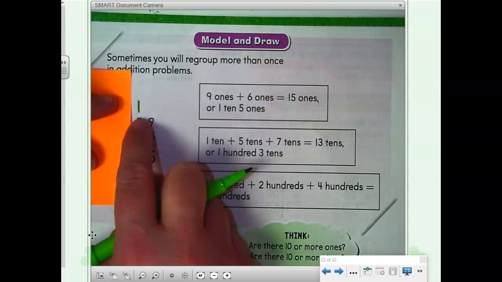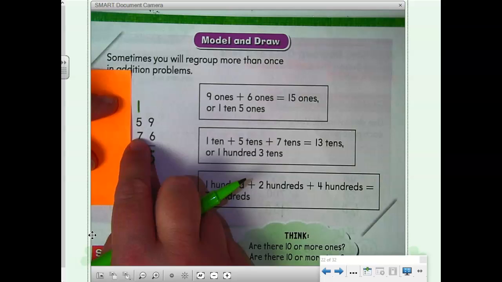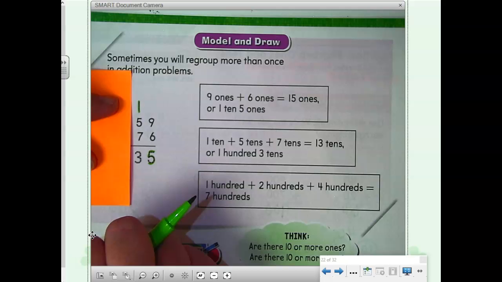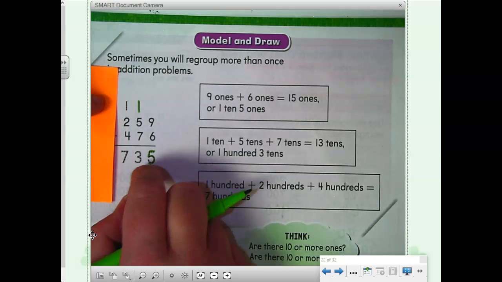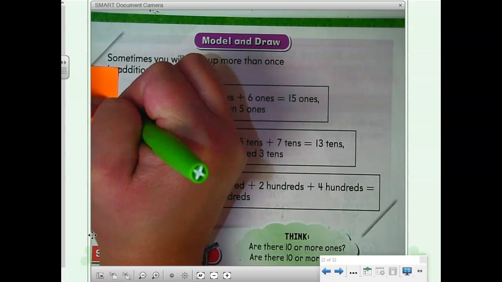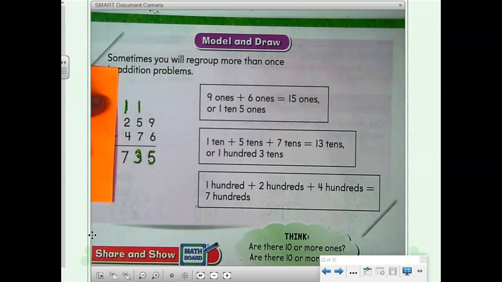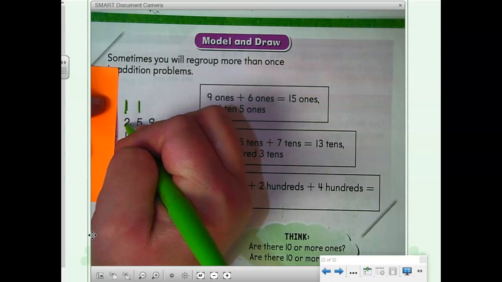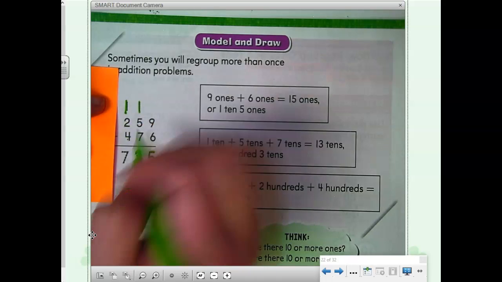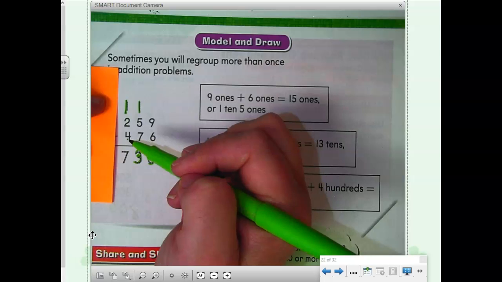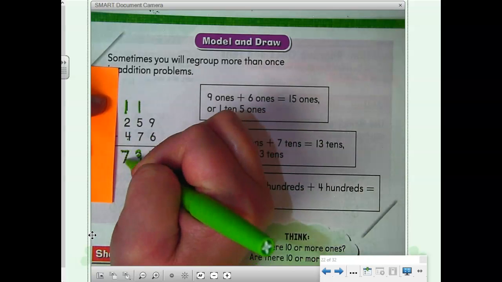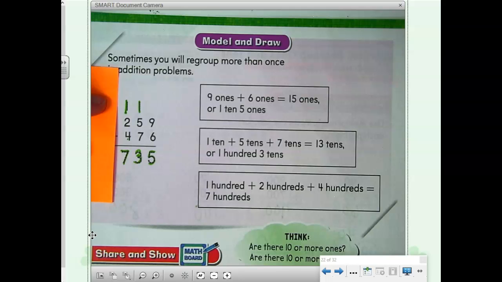I have 1 plus 5 plus 7. When I add 1 plus 5 plus 7, I get 13 tens. 13 tens is 1 group of 100 and 3 tens. So then I add my hundreds. 1 plus 2 plus 4. So 1 plus 2 is 3, and 3 plus 4 is 7. That makes my answer 735.